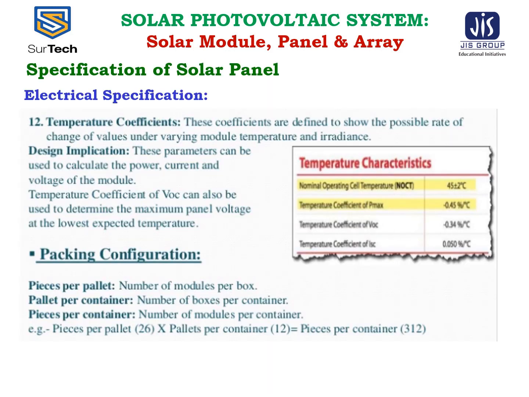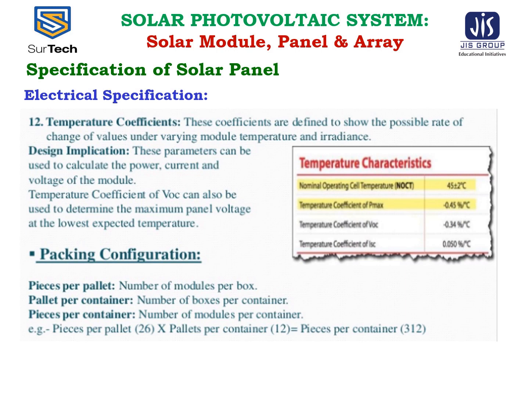Now the temperature coefficient. The nominal operating cell temperature NOCT is 45 plus or minus 2 degrees centigrade. The temperature coefficient of maximum power is minus 0.45% per degree centigrade. The temperature coefficient of the open circuit voltage is minus 0.34% per degree centigrade.